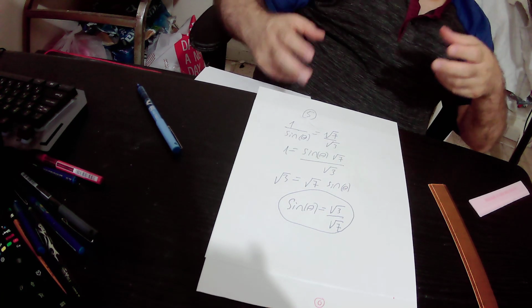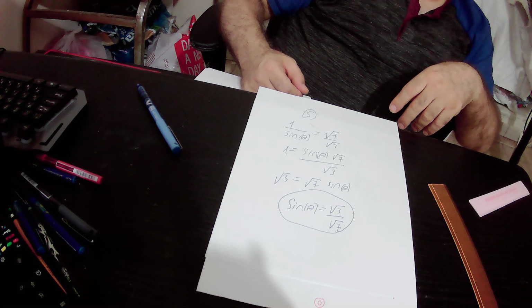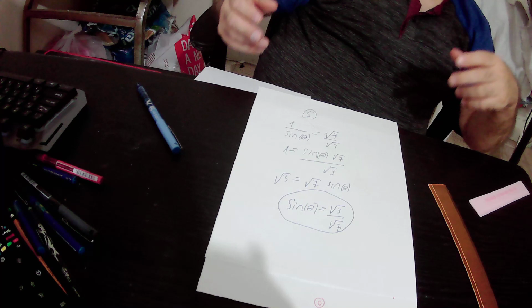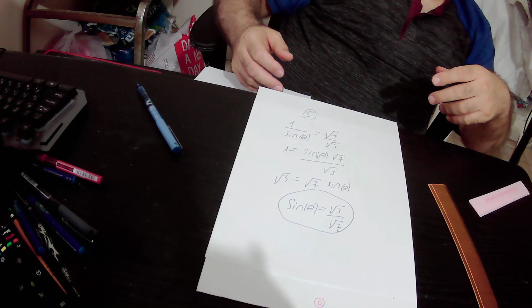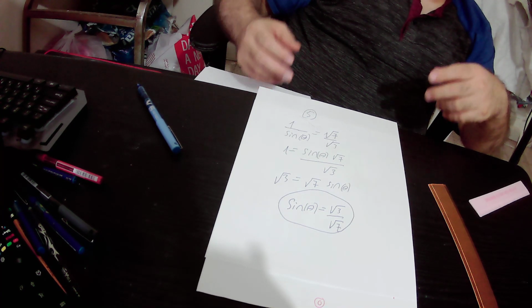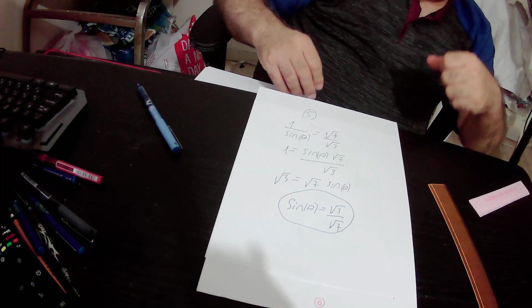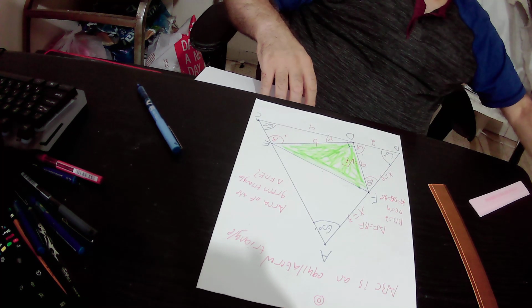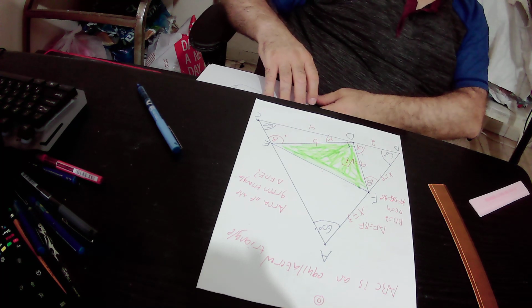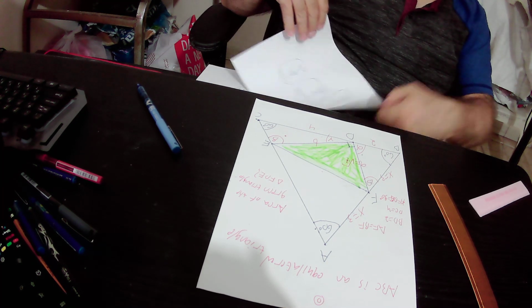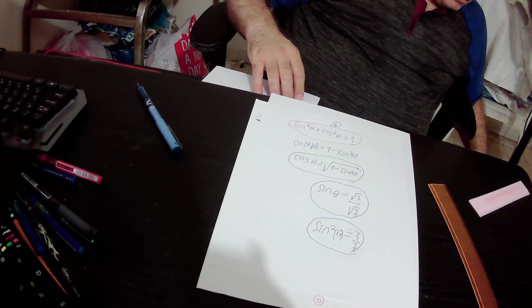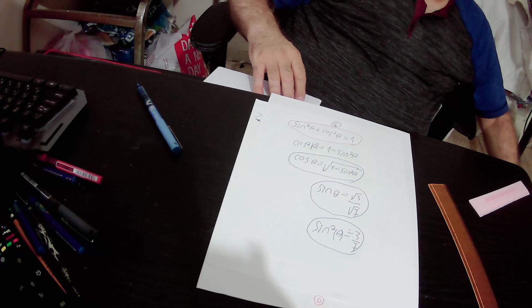In the next step, we found the value of cosine theta by the trigonometric identity that states that sine theta squared plus cosine theta squared equals 1.